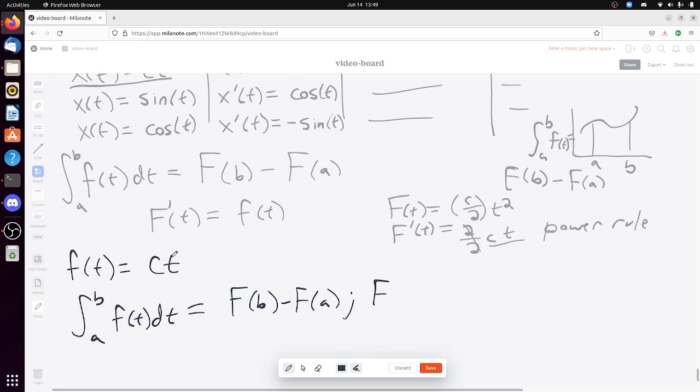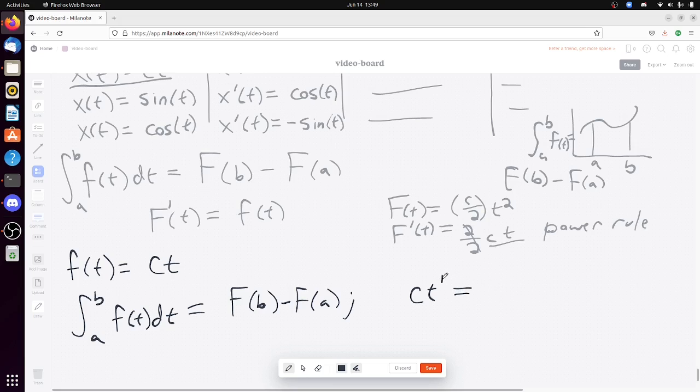If you think of c times t to the 1, we know the power rule tells us that we should bring the power down and then decrease the power by 1. But here we should actually do the opposite of the power rule, basically do the power rule backwards.